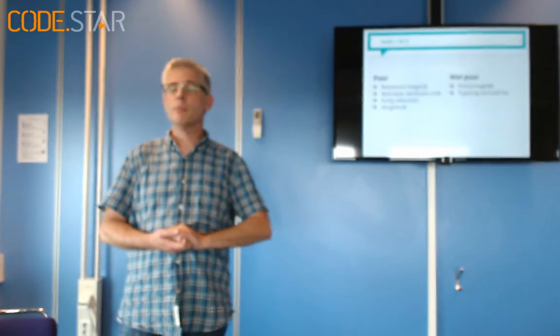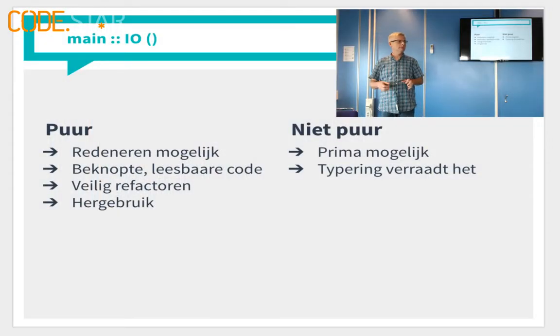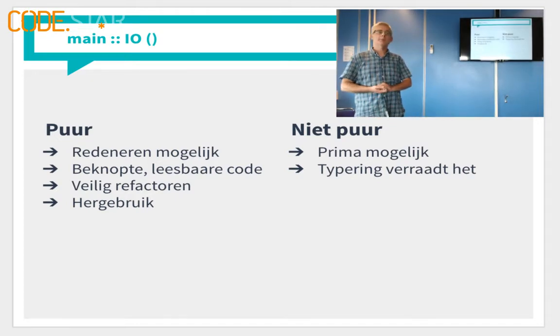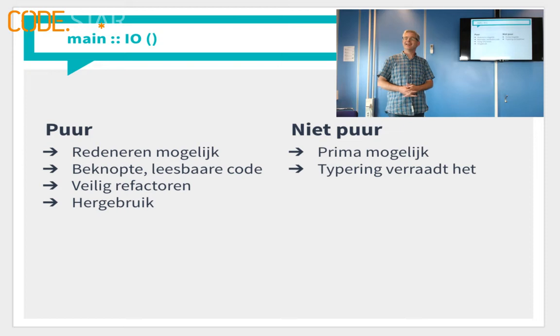Some of the main features in functional programming, and Haskell is, well, maybe Scala is good too, but sorry, Haskell is really cool. One of the main things in Haskell is that there's a very nice distinction between pure code and non-pure code.